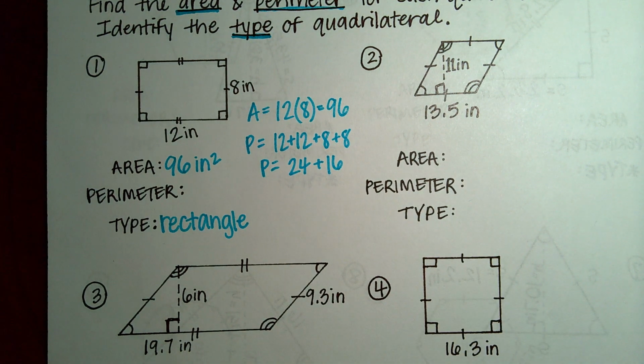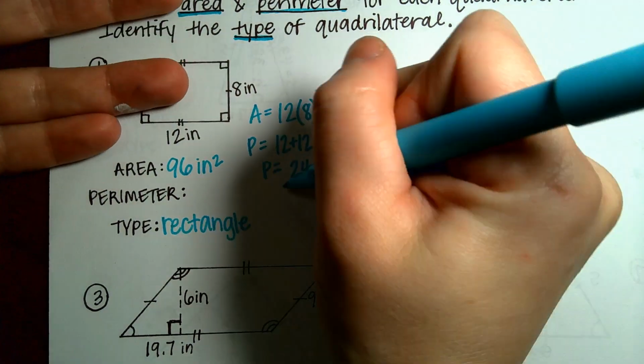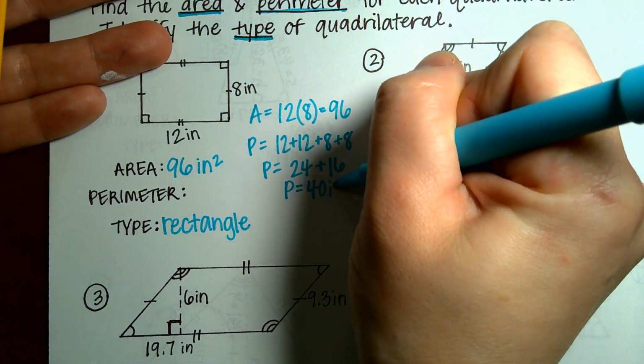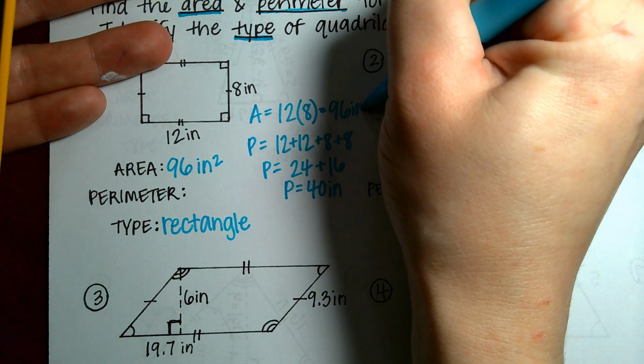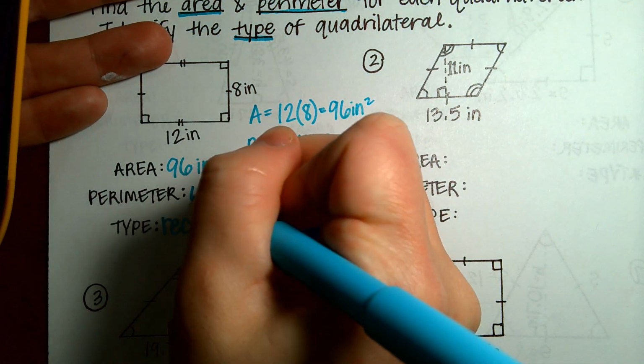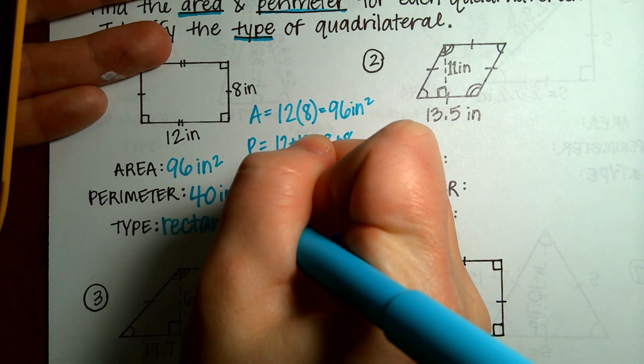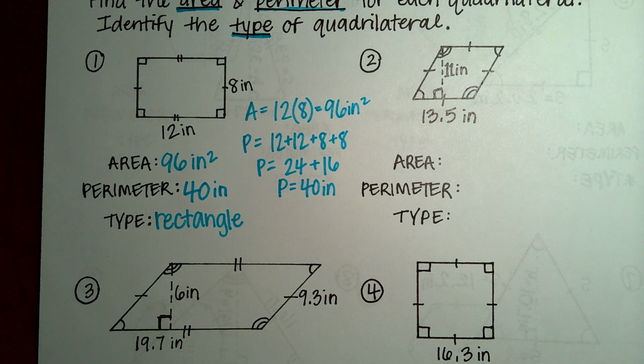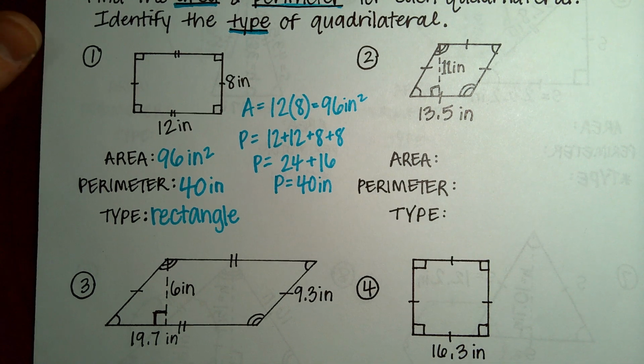And what does that give us? 40 inches. So we'll write that in for the perimeter, 40 inches. You guys pretty comfortable with that one? Yeah, I feel like we've done a lot of practice with these.